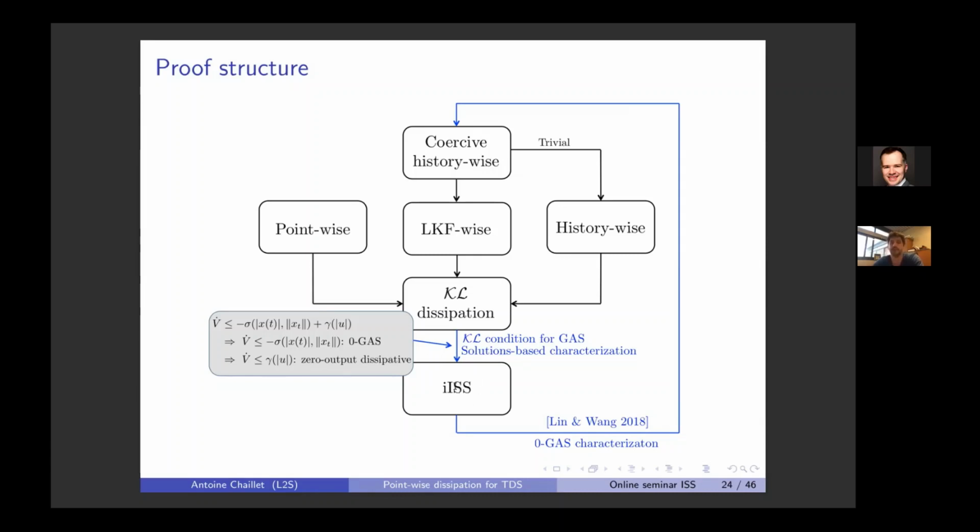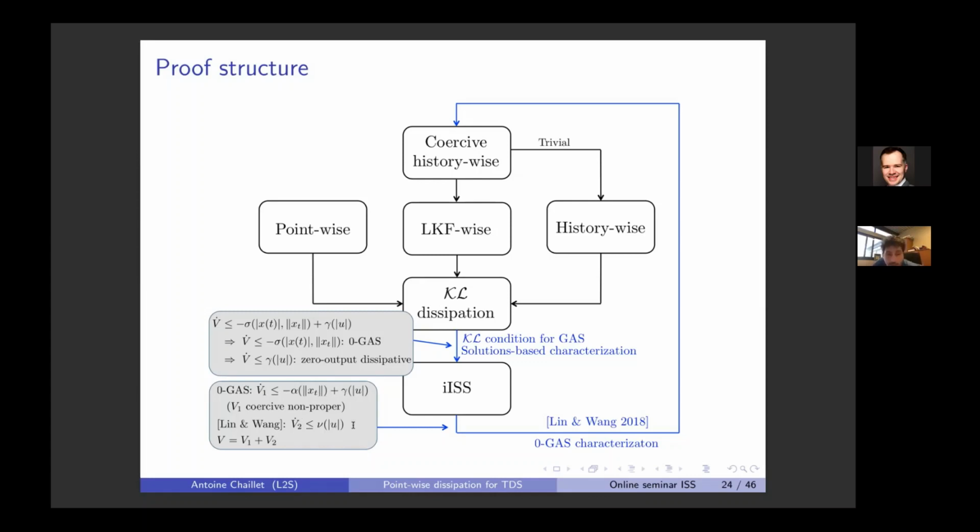Okay. And the last remaining term, this blue arrow here, going from integral ISS to coercive history-wise, you start with the fact that integral ISS implies 0 GAS, and you use the characterization of 0 GAS that I gave you before. So there exists a Lyapunov-Krasovskii functional V1 coercive, but maybe non-proper, maybe not radially unbounded, which satisfies V1 dot smaller than minus alpha of x_t plus gamma of u, where alpha is a positive definite function.